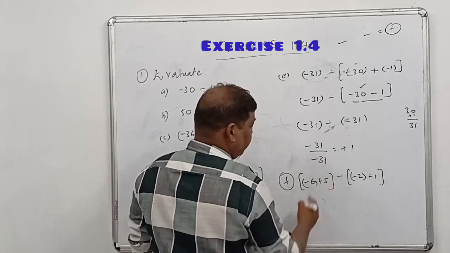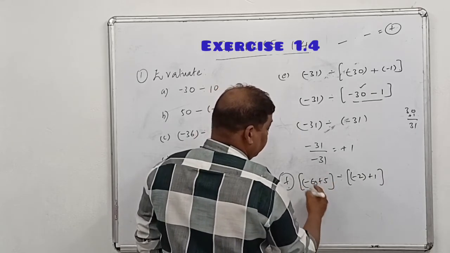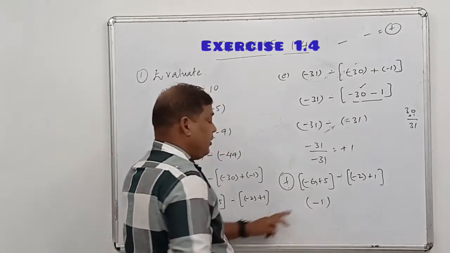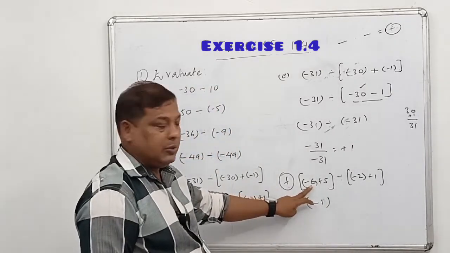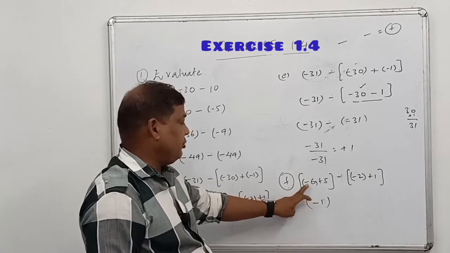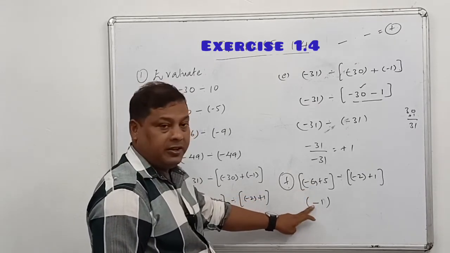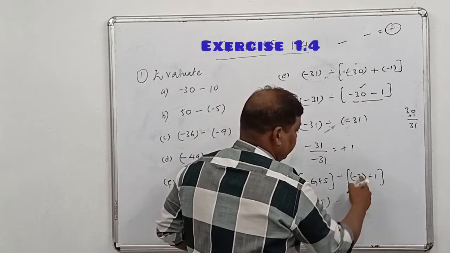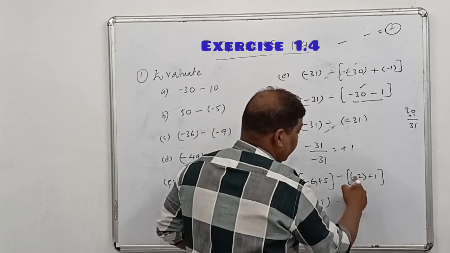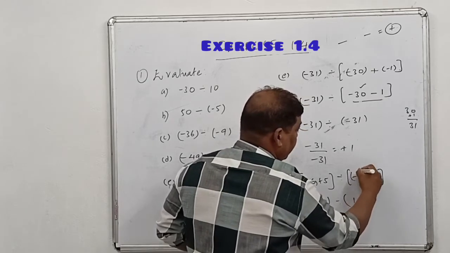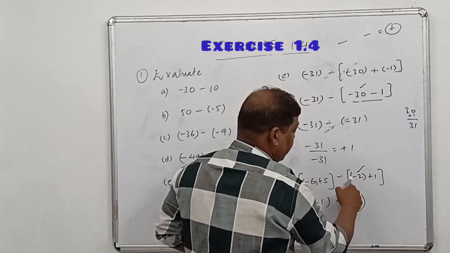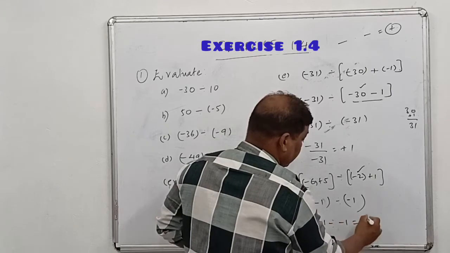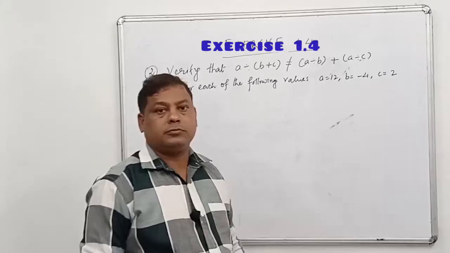Here minus 6 plus 5 is minus 1, because 6 is the greater value, and in front of 6 is the negative sign, so you carry the negative sign. Then minus 2 plus 1, you carry again, 2 is the greater value with the minus sign in front, that is minus 1. So minus 1 upon minus 1 is equal to 1.